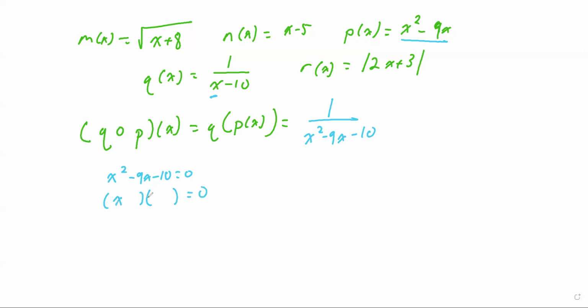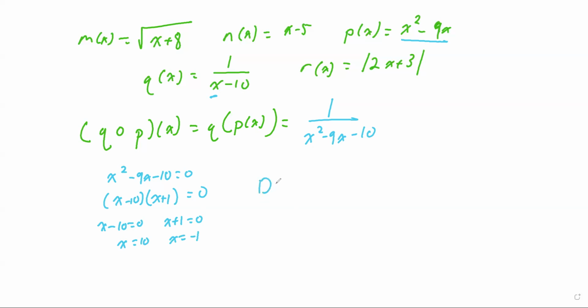The leading term is going to be an x. And then you figure out what multiplies to -10 and adds up to -9. Hopefully you come up with 10 and 1, and you see it's -10 and plus 1. Then we set these factors equal to 0, and we see x cannot be 10 or x cannot be -1.